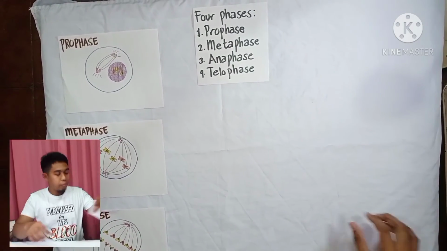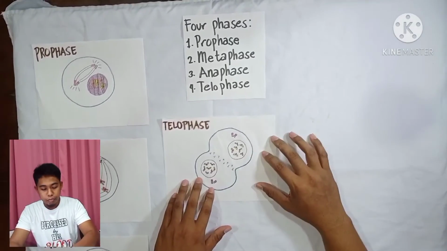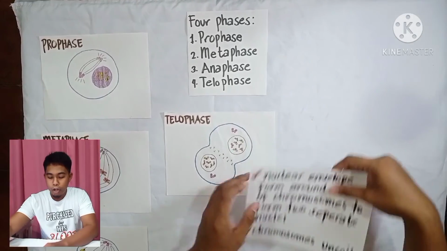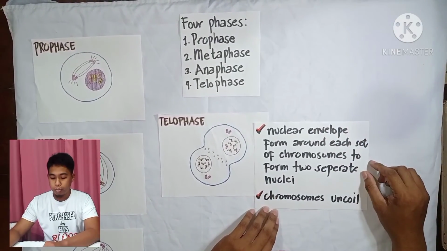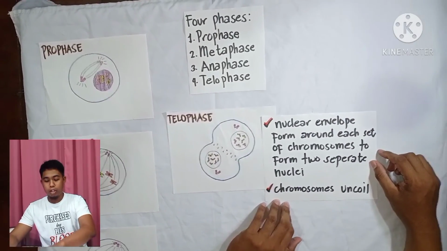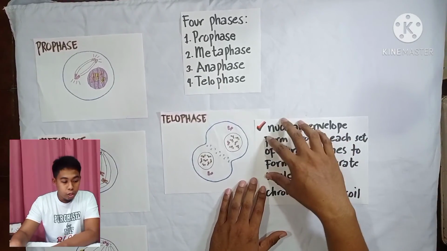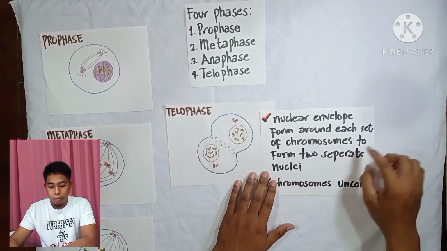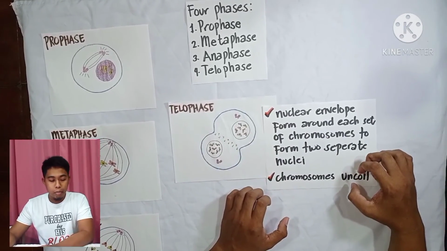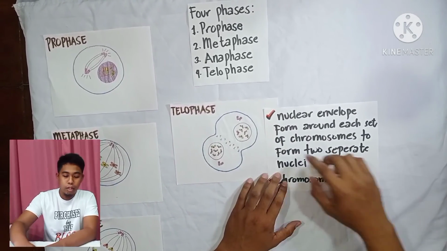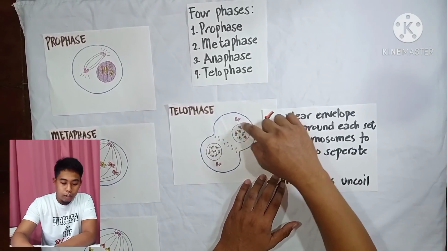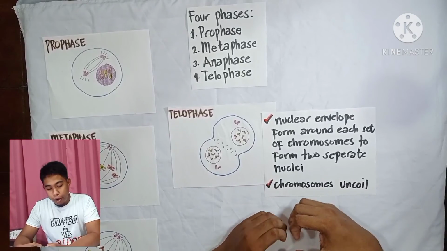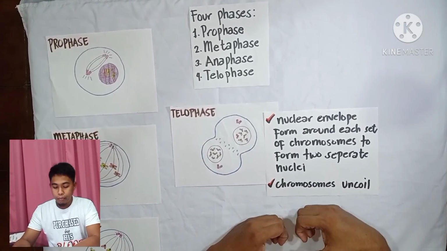After anaphase, we have the telophase. In telophase, the nuclear envelope forms around each set of chromosomes to form two separate nuclei. During prophase, the nuclear envelope of the nucleus disappears, but during telophase the nuclear envelope begins to appear, dividing the two nuclei.